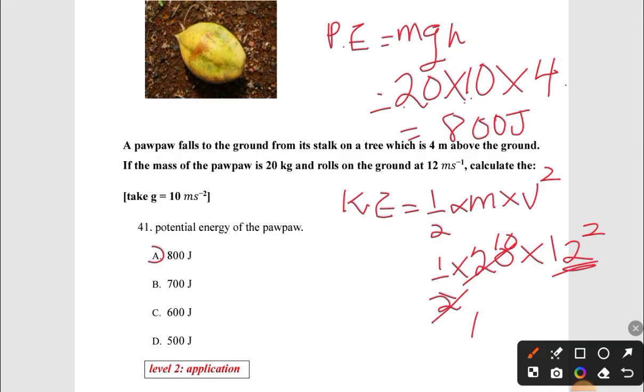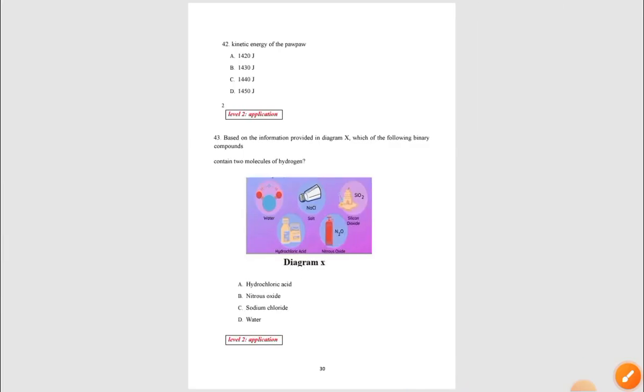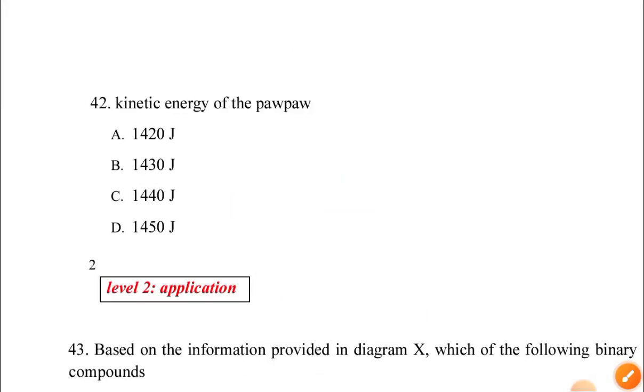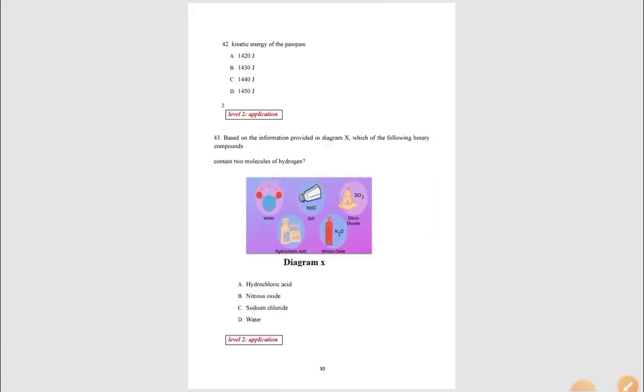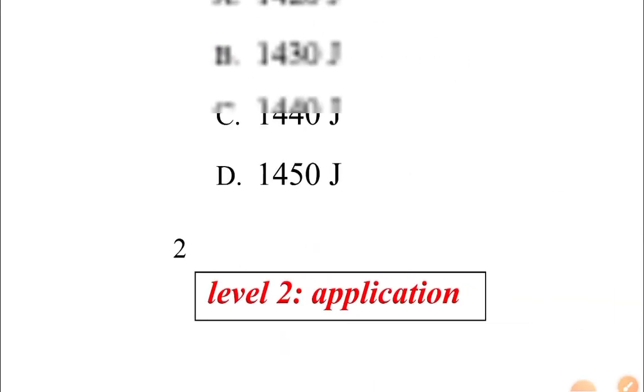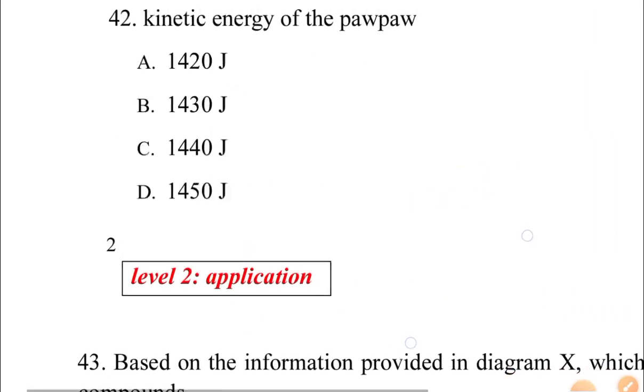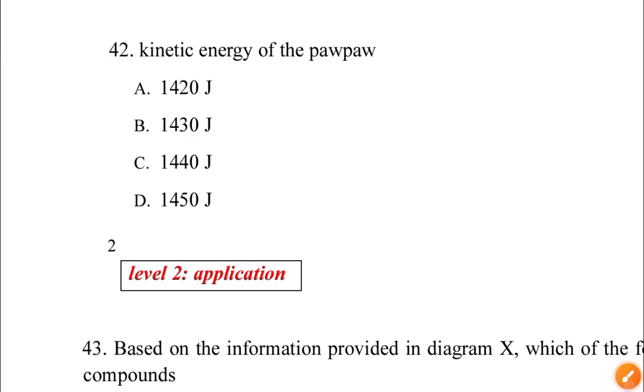So 12 squared is 144. 144 times 10 is 1440 joule. 42 is supposed to be 1440 joule. So the answer to question 42 is C.